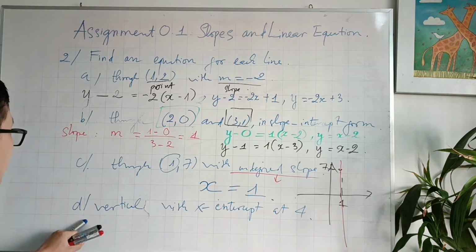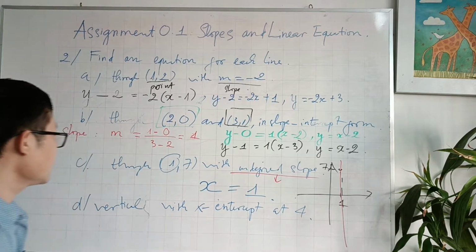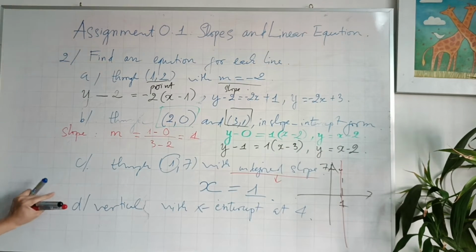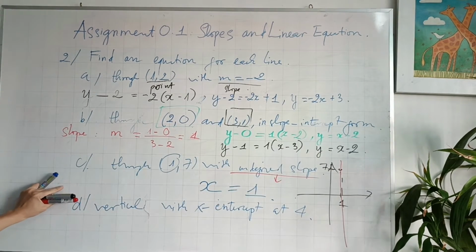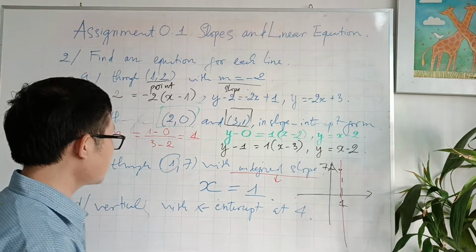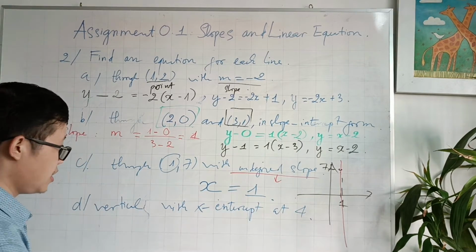Okay, and question D, vertical with x-intercept at 4. It is a similar question to question C, just paraphrased, and so we have the same kind of answer here.